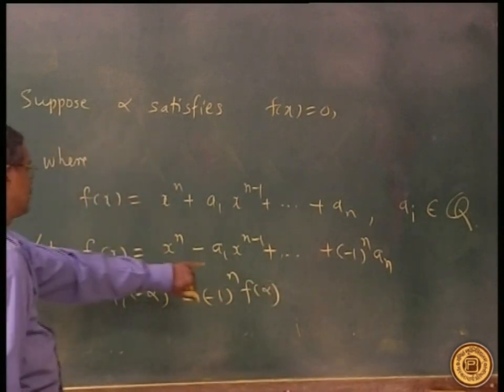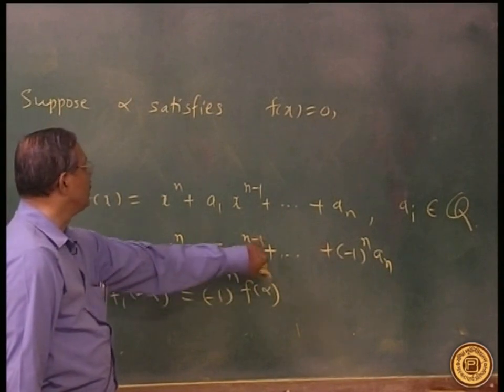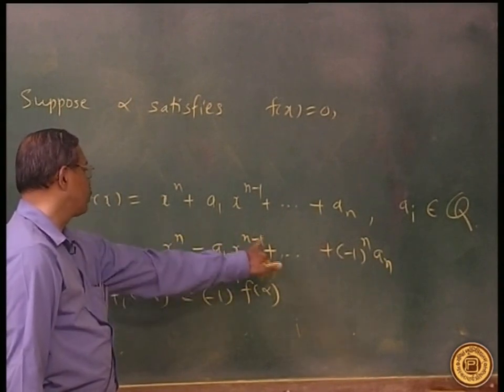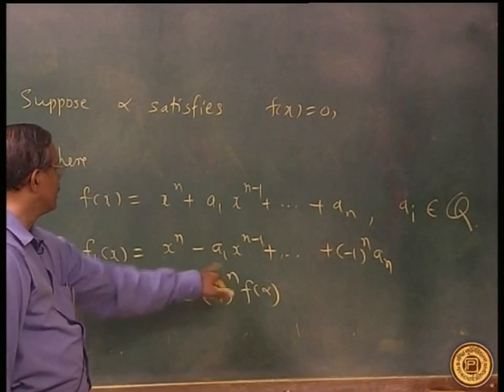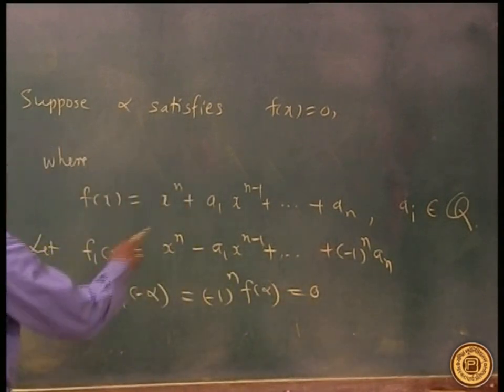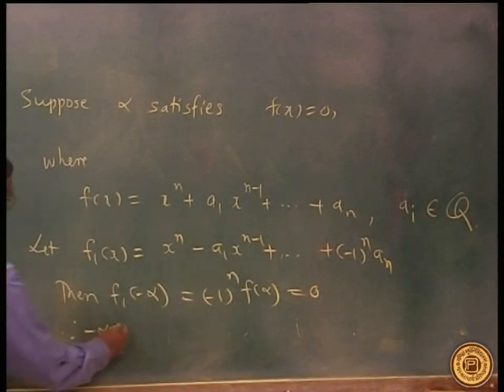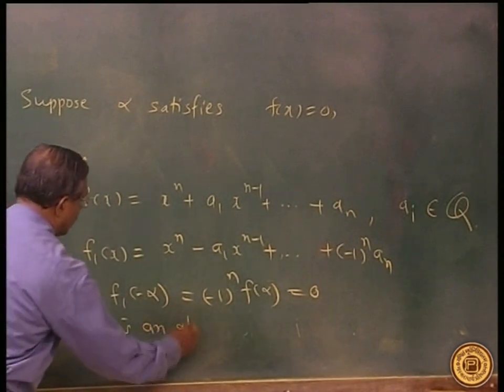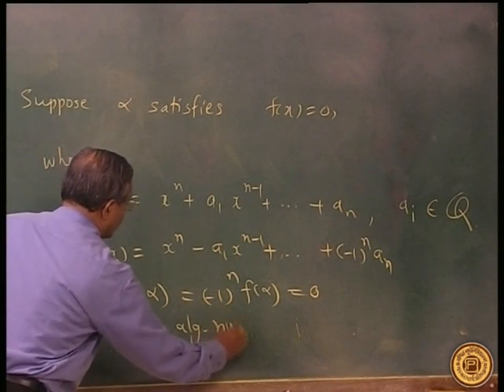Just check this, that here minus 1 raised to n minus 1 and alpha raised to n minus 1, and that minus sign is there. So minus 1 raised to n, so that is 0. That shows that minus alpha is an algebraic number.